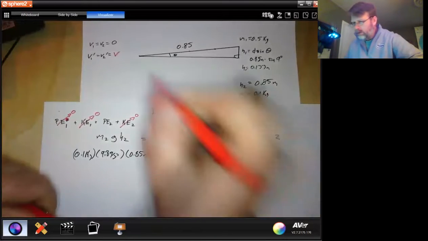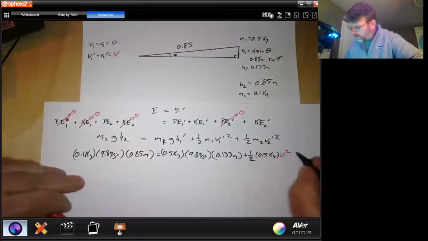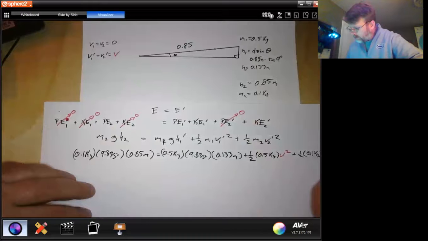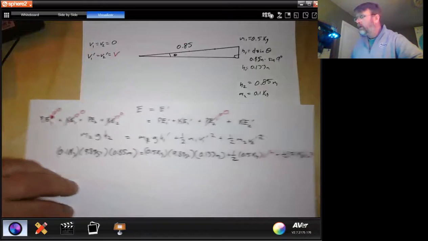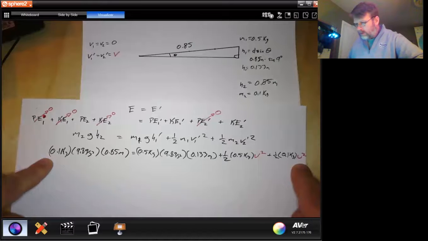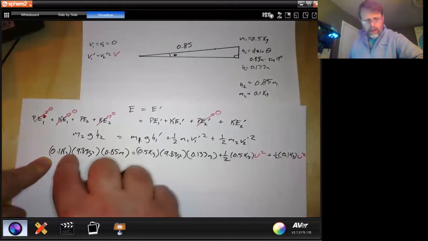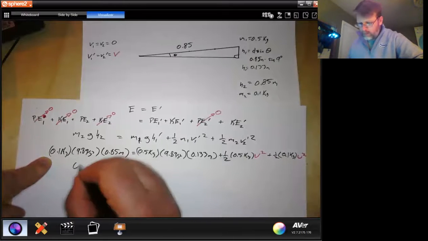Remember, this is what we don't know. I still almost ran out of paper here. This is our whole string. We're solving for V. We got one equation and one unknown, which is a good sign.